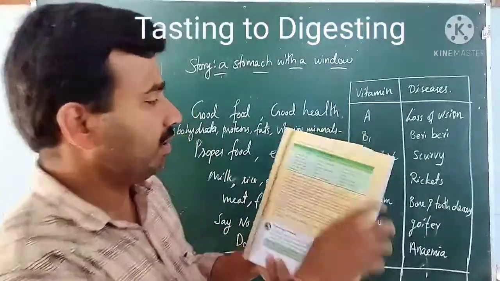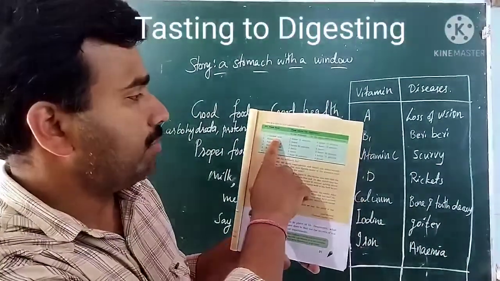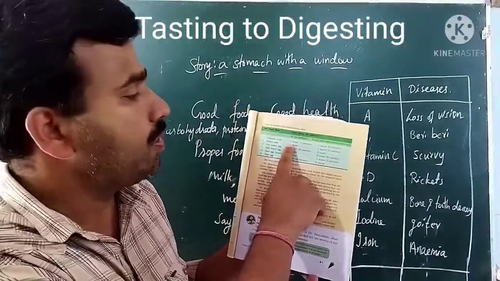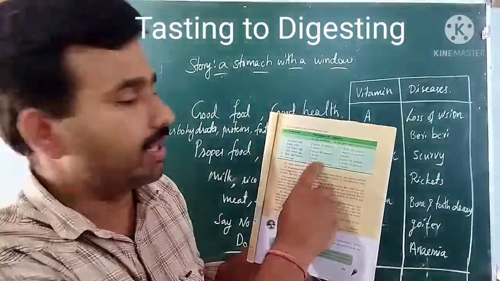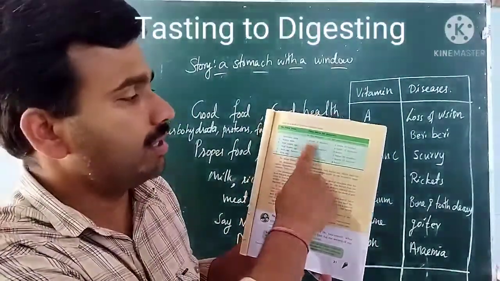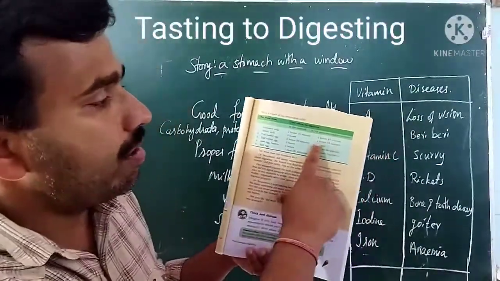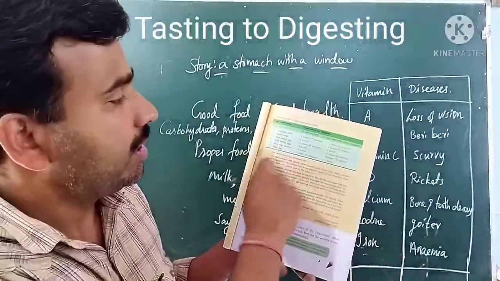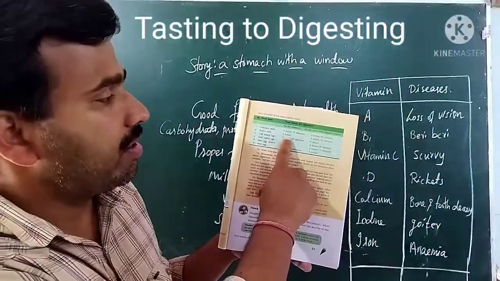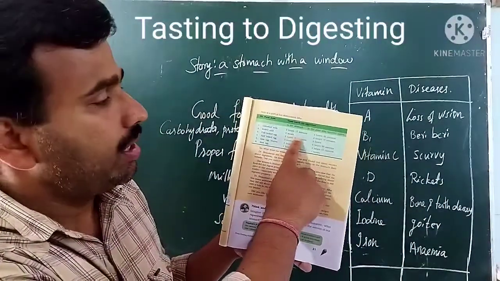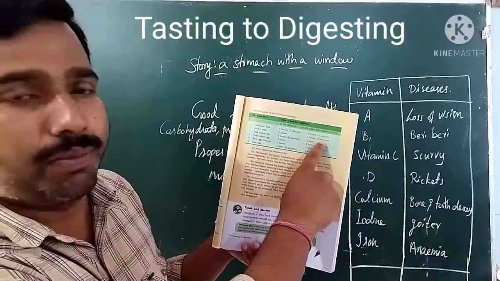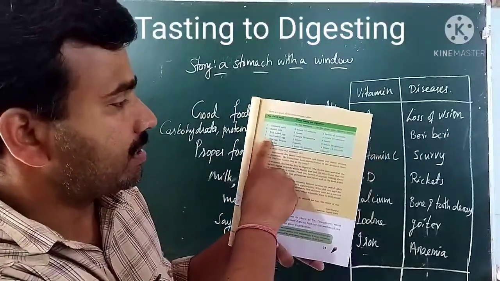You can see unboiled egg. It took around 2 hours 15 minutes to get digested in the stomach of Martin, and then in the beaker it took around 4 hours 45 minutes. Boiled milk took around 2 hours in the stomach and 4 hours 15 minutes in the glass.